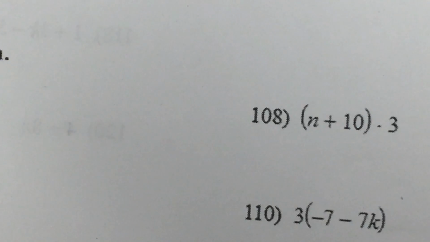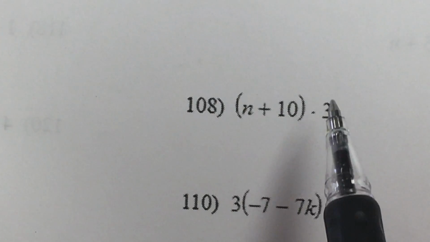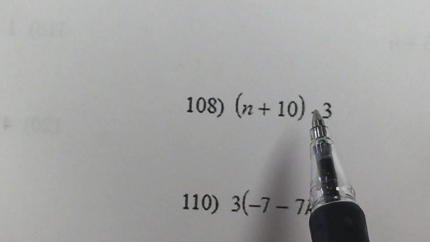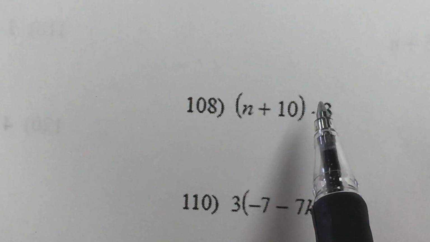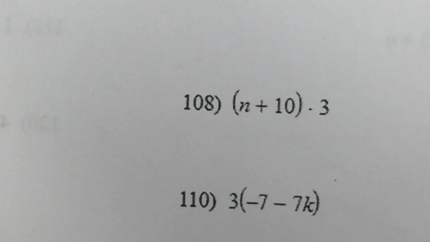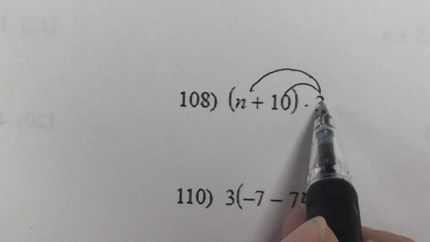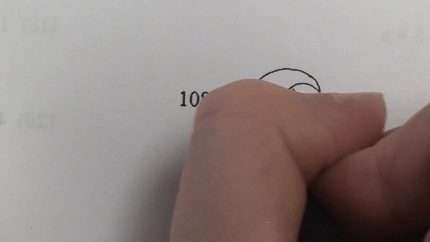Let's look over here at 108 because here, look, we've got that number out here to the side by itself and it's to the right side instead of to the left side. So we need to distribute it in to each one. So 3 times n is 3n.